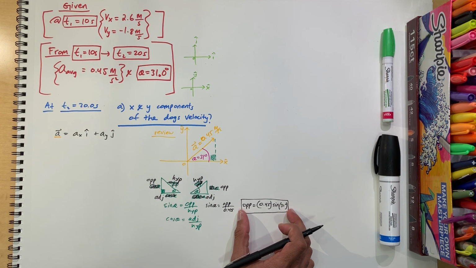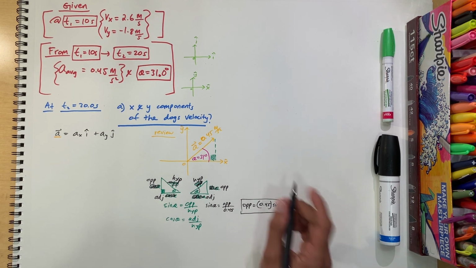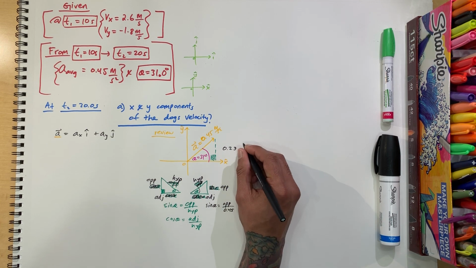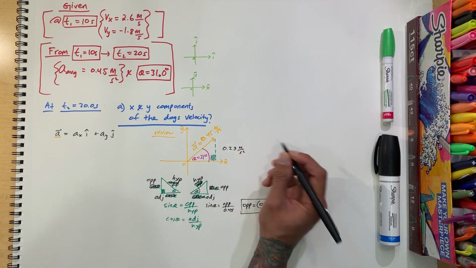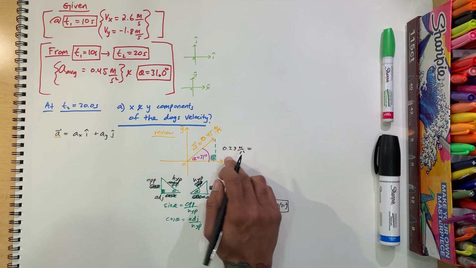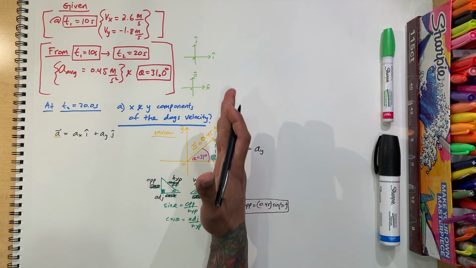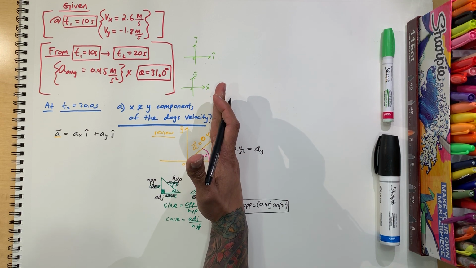We got 0.23, and that's meters per second squared. This is equal to acceleration in the y, because it's in this direction here.